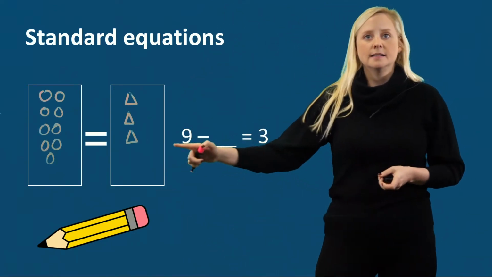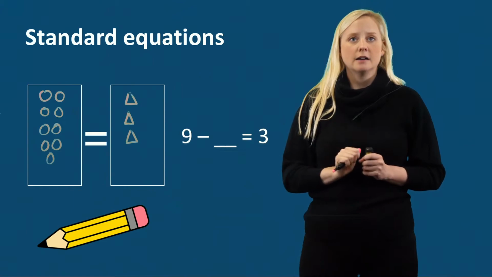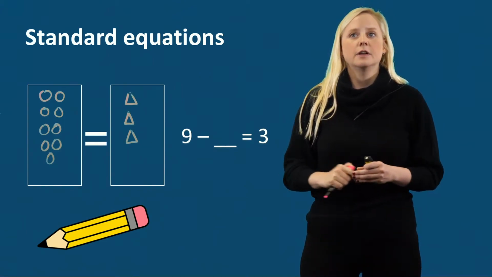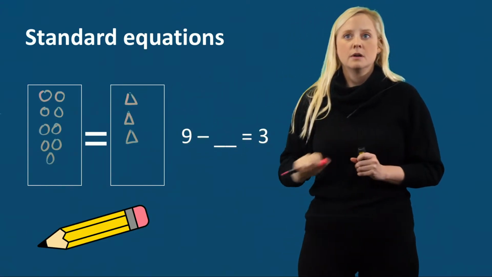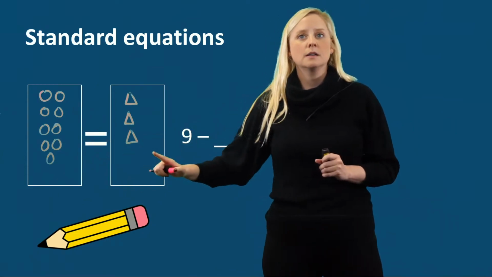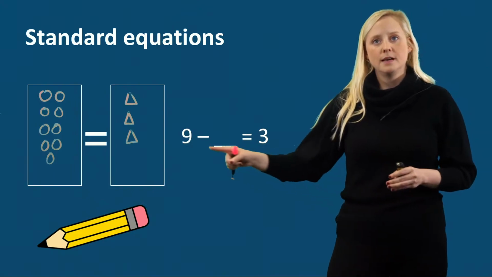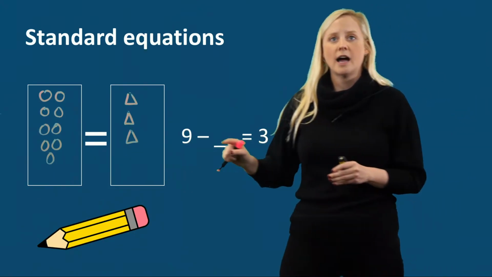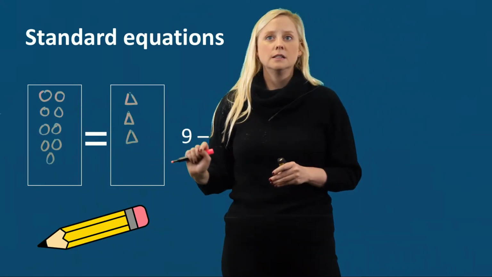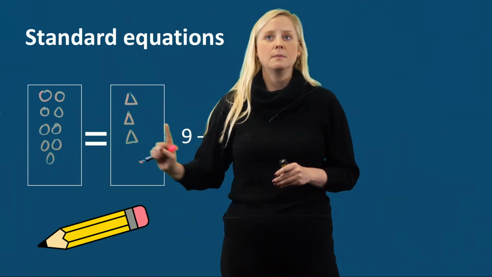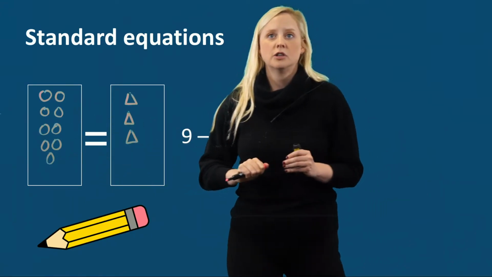Now I see the minus sign and that's going to tell me to subtract. So what I need to ask myself: are the sides the same? Are there the same number of shapes in this box as in this box? There are not. So I know I need to subtract because I see the minus sign. So I'm going to subtract or cross out these circles until I have the same number of circles as I do triangles.